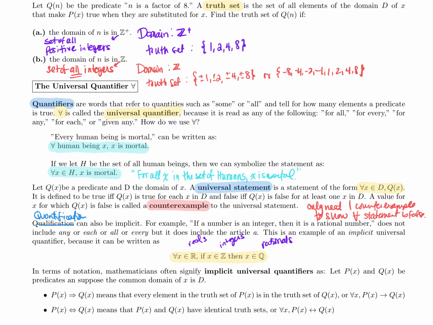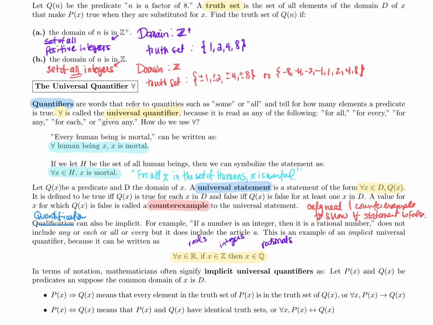So why is our domain not just integers if we're talking about integers? Well, that's because our claim is that it's an integer. So we have to zoom out on our domain. So we would have for all x in the set of real numbers, which is all of the numbers that we're going to be looking at, if x is an integer inside that set, then it is also rational.